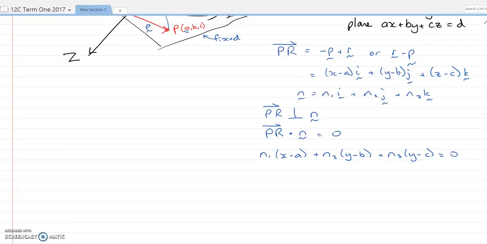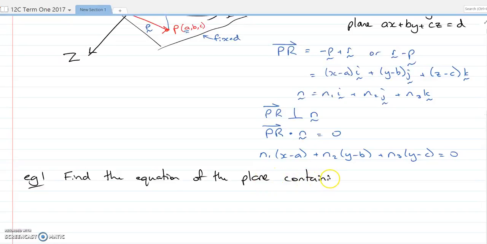So, in our example, find the equation of the plane containing P(1, 2, 1), Q(-1, 1, 0), and R(1, 0, 2).